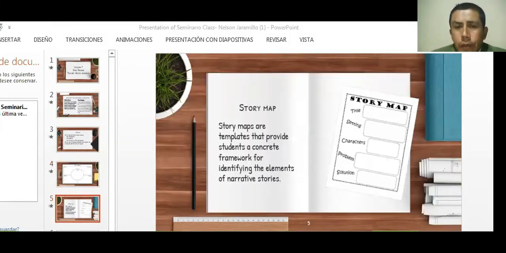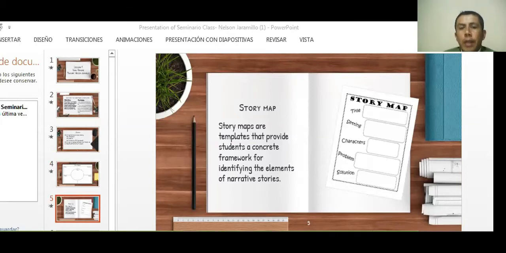As we can see, these techniques use visual presentation to help you organize important elements of a story. You learn to summarize the main ideas, characters, setting and plot of an assigned reading.